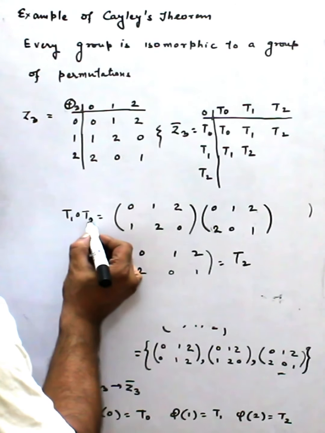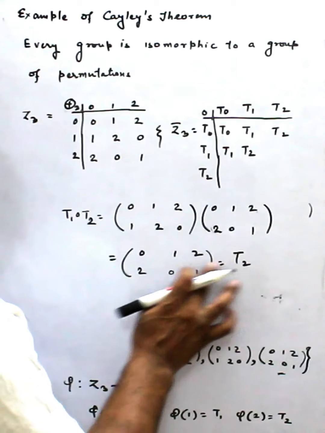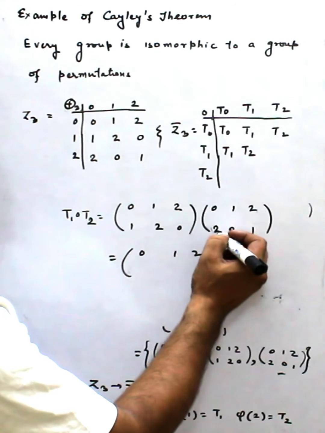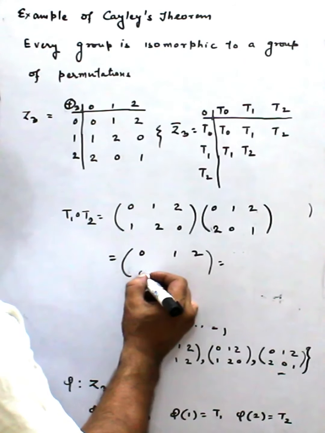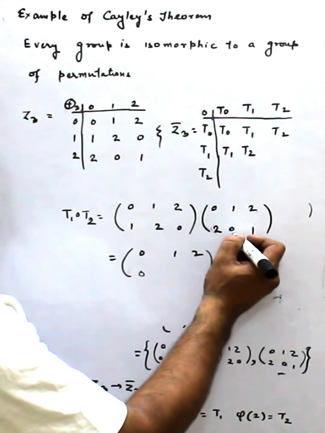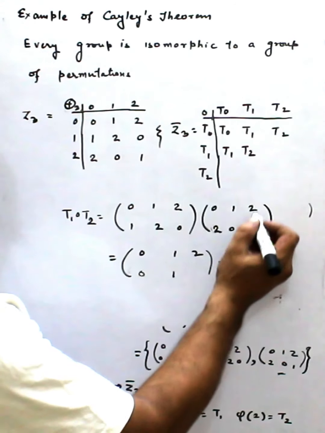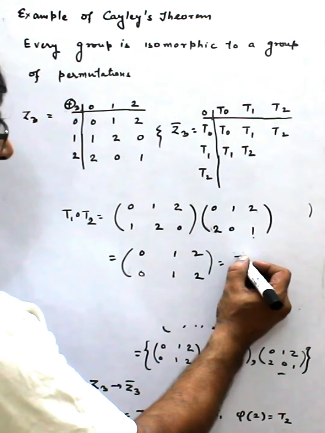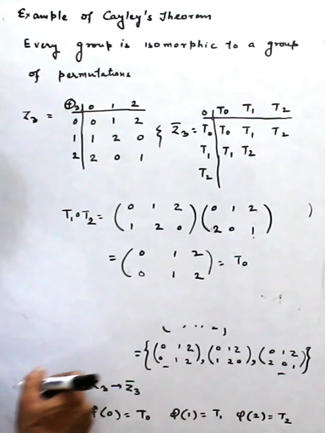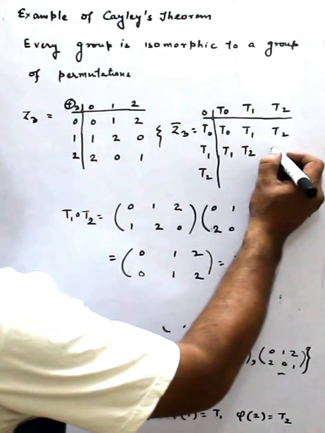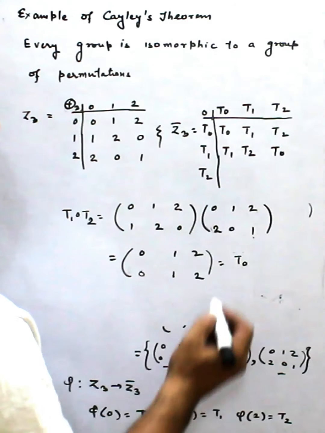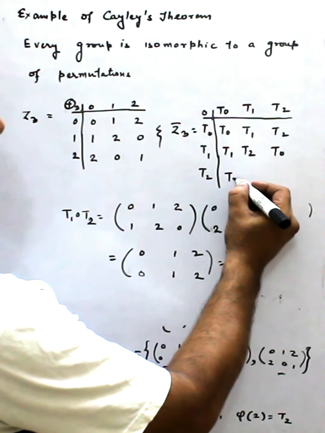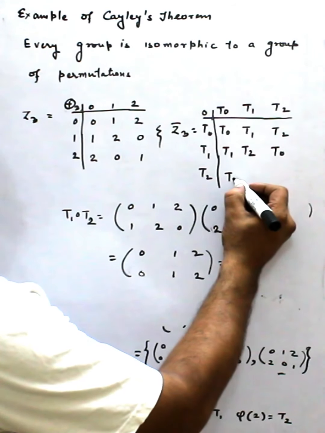Now what happened? 0 goes to 2 and 2 goes to 0. 1 goes to 0, 0 goes to 1, 2 goes to 1, 1 goes to 2. So this is finally equal to T0. So here I can write T0. Now T2 with T0 is actually identity, so this is T2.